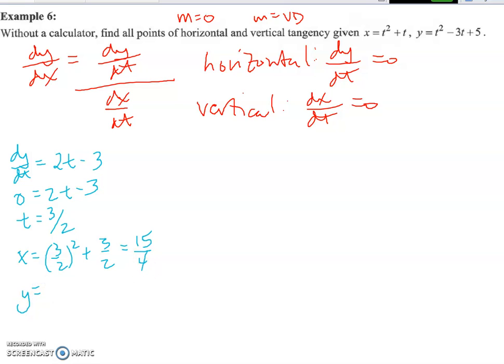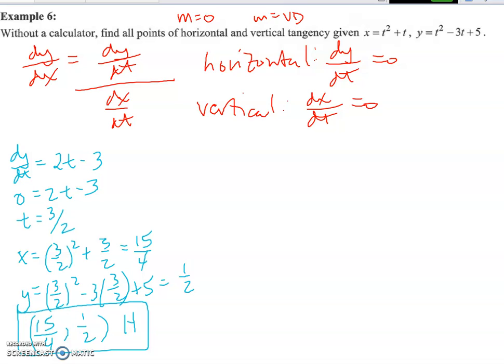So y is equal to 3/2 squared minus 3 times 3/2 plus 5. We do that and we get a y value of 1/2. Now it asks for the point of tangency, so we just need to write that as an ordered pair. So we have 15 over 4, comma, 1/2. Alright, so that's my horizontal.